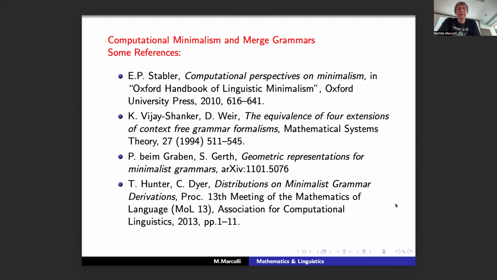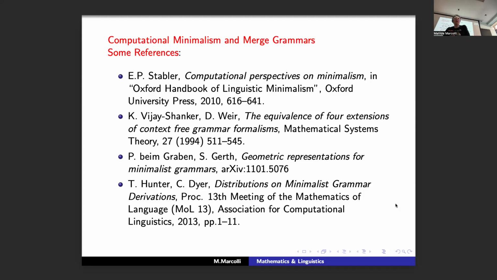So the last thing I want to say before moving on, about this historical overview. I said a few things about how the idea of minimalism came in the beginning of the 90s. In a sense, I was trying to simplify these two operations of structure formation and transformations, the overall picture of how these things would work.